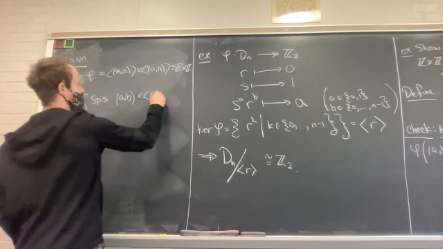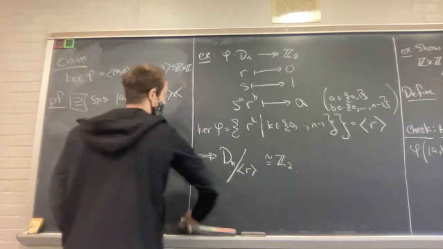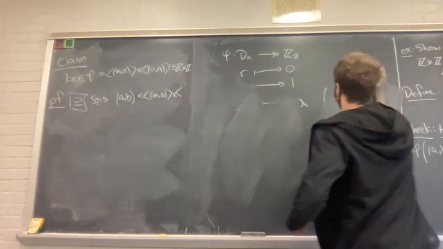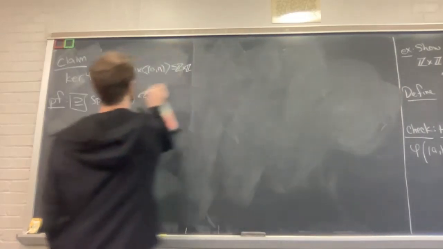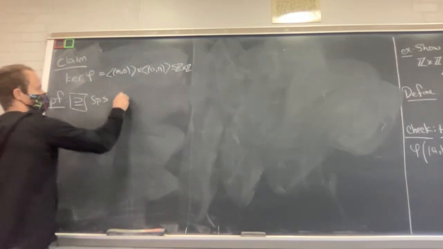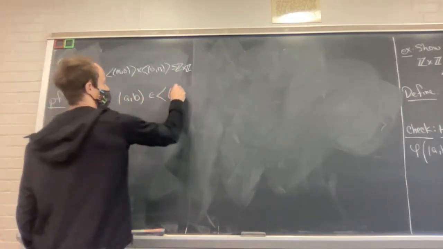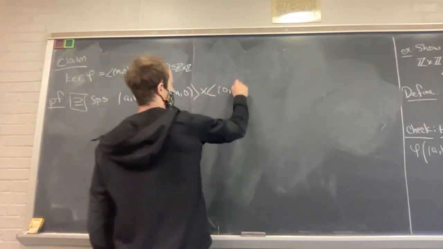That's the cyclic subgroup generated by (m,0) cross the cyclic subgroup generated by (0,n). I'm going to give myself a little more room. Suppose (a,b) is inside of the cyclic subgroup generated by (m,0) cross the cyclic subgroup generated by (0,n).